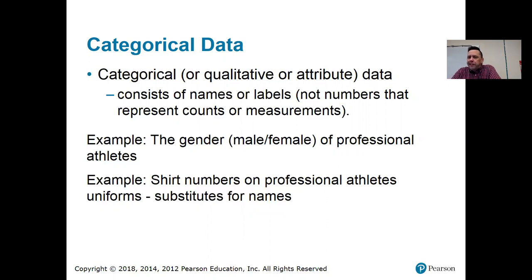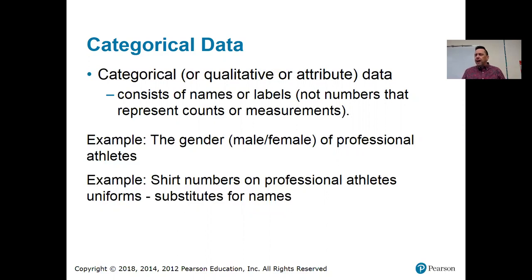A couple of other good examples of qualitative data that are numbers would be the channel numbers on the TV. Okay, they are not in any meaningful order. One other example maybe is phone numbers. Phone numbers don't mean anything as numbers. They're just labels, basically.